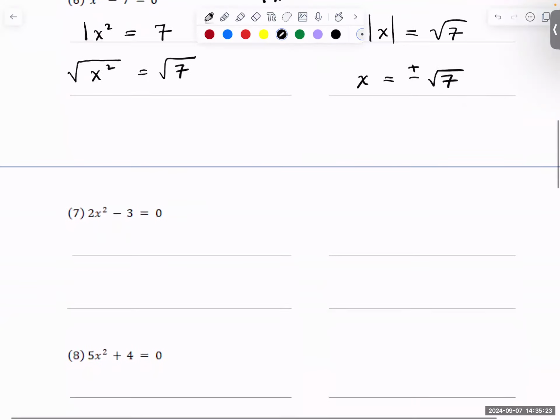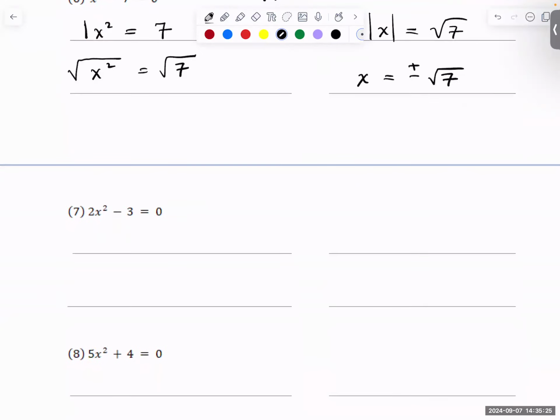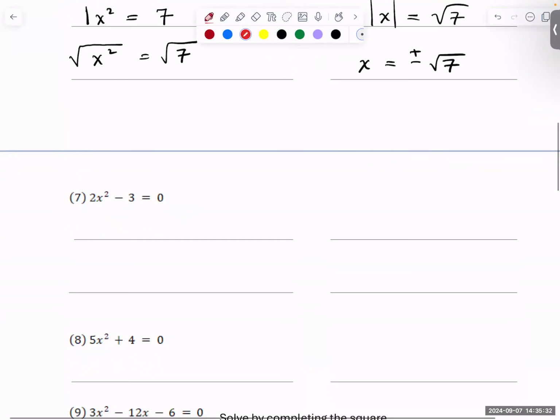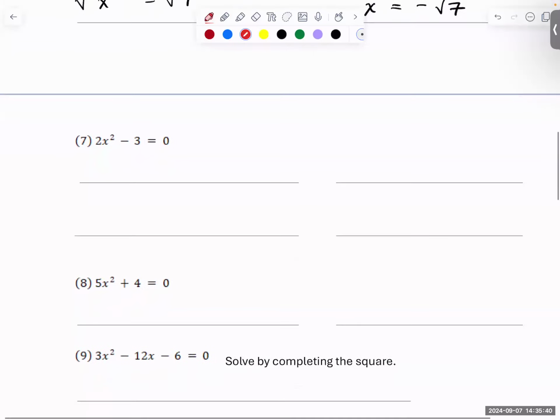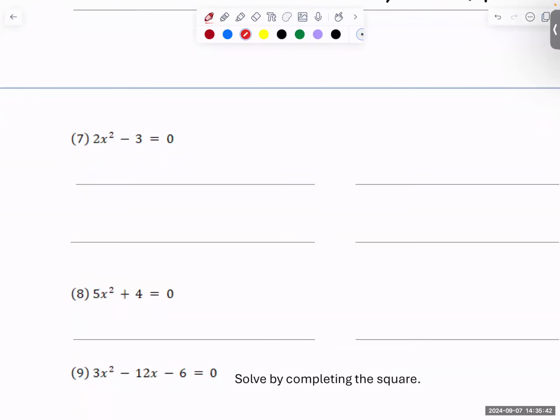Number 7. We have a polynomial in decreasing degree order. It's set to 0. The greatest common factor is 1. It's not a special case of the difference of two squares. So we'll have to apply the square root property.